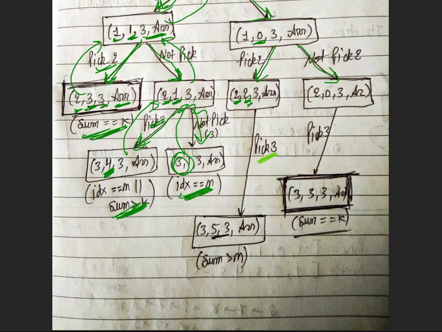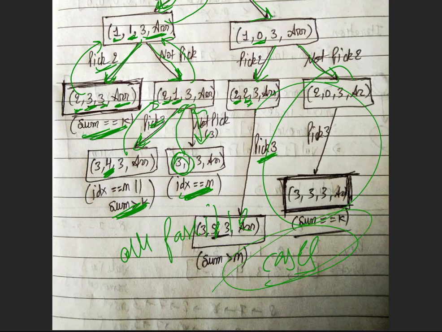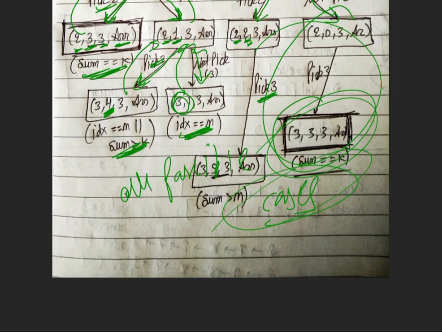Now here we'd simulate the pick of 3 case and not pick of 3 case also, but I won't be showing both the cases, right? This way we are trying all possible cases, and we store the answer as per our conditions. So I hope you are getting it.